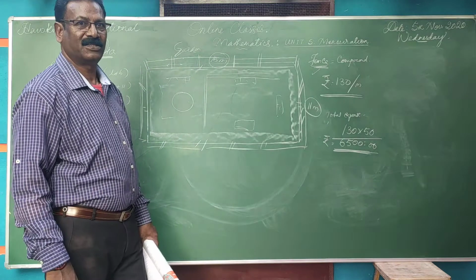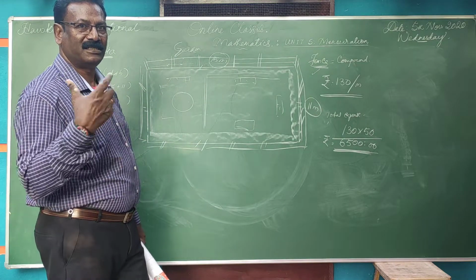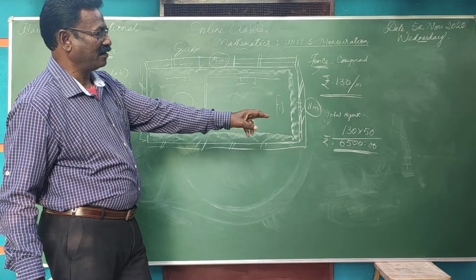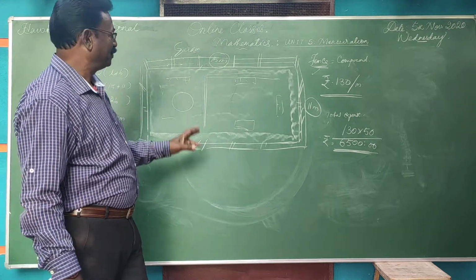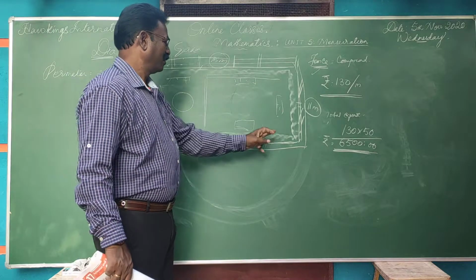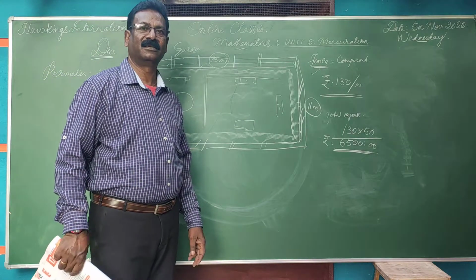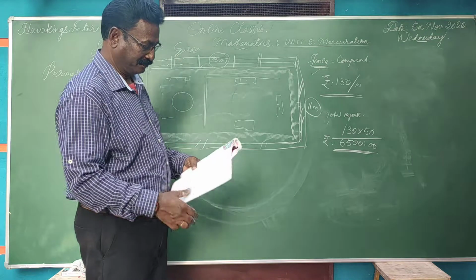What is the expense? How much does Dia have to spend? 6,500 rupees. If she spends that, she can fix the compound or the fence. Is it clear now? Okay.